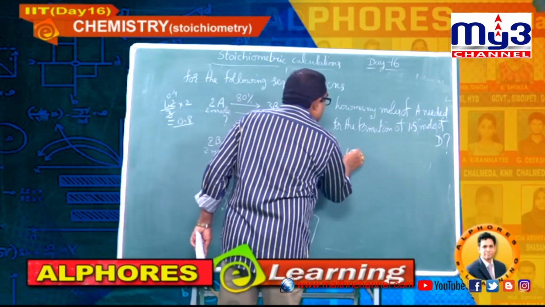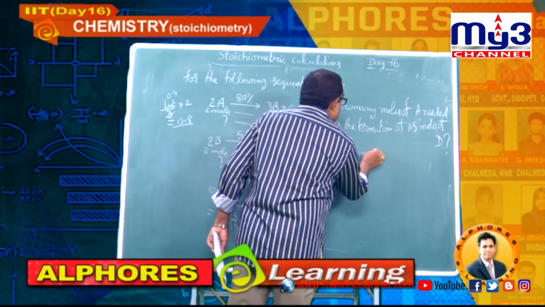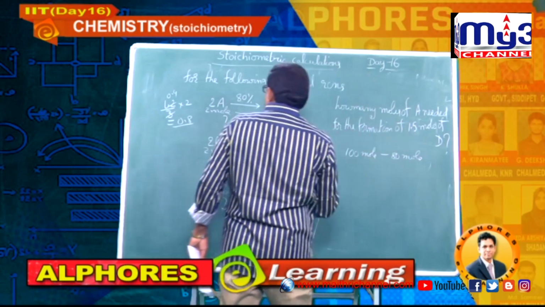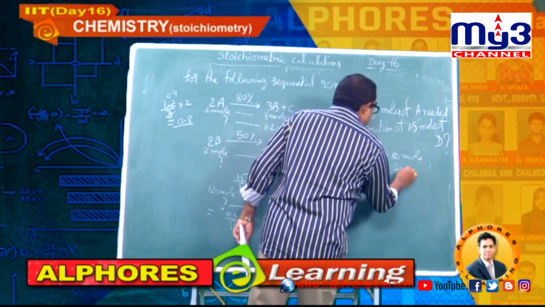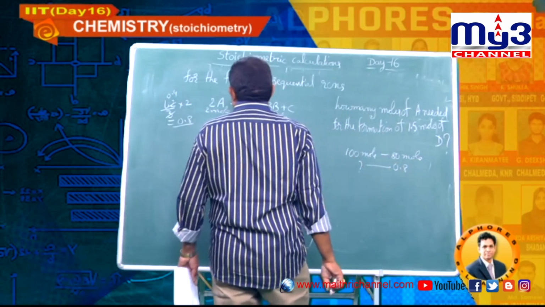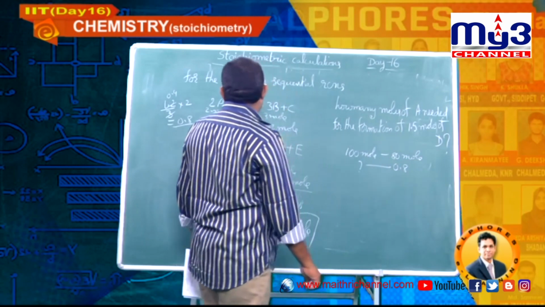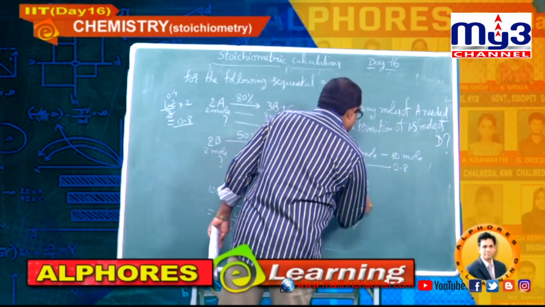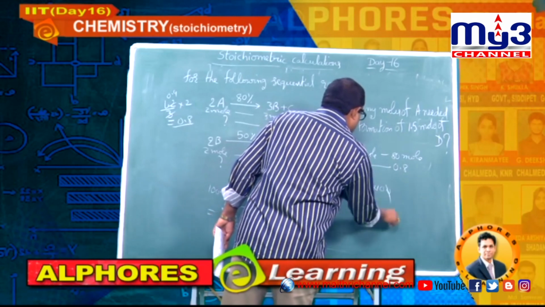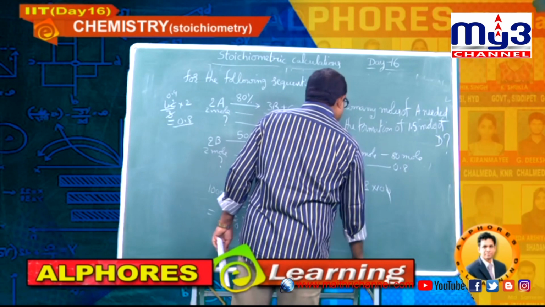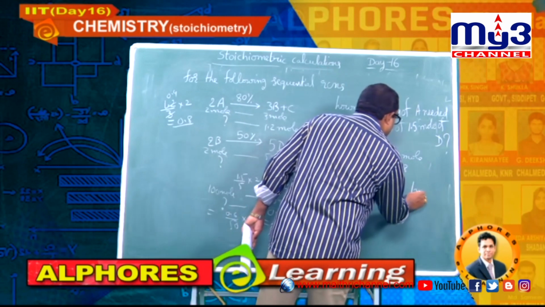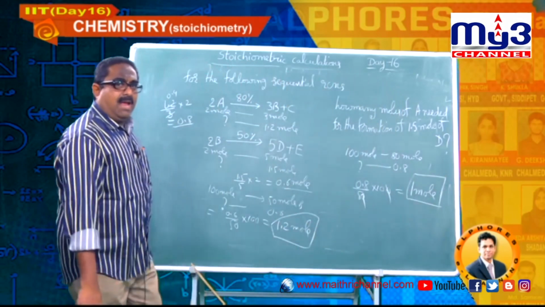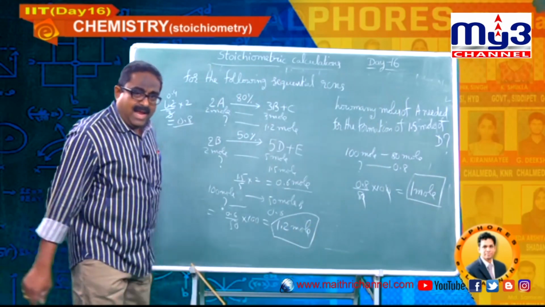It means I am writing here 100 mole gives 80 mole, but my requirement is 0.8. So how much? 0.8 by 80 into 100, that is 1 mole. So my final answer is 1 mole of A.